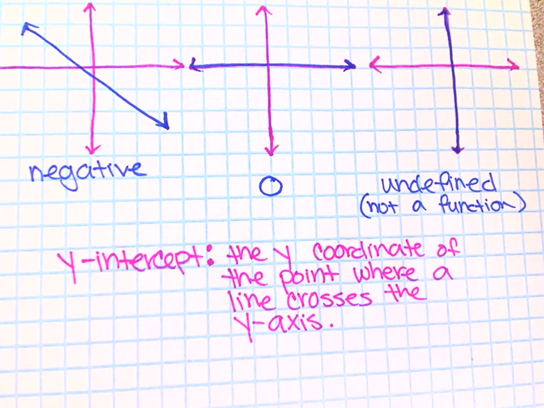So it is that point on the graph that hits the y-axis. The line crosses over a certain point on the y-axis. That's the y-intercept.